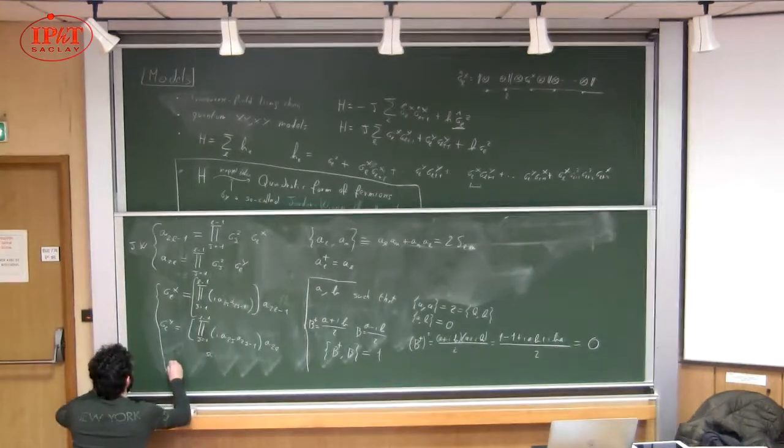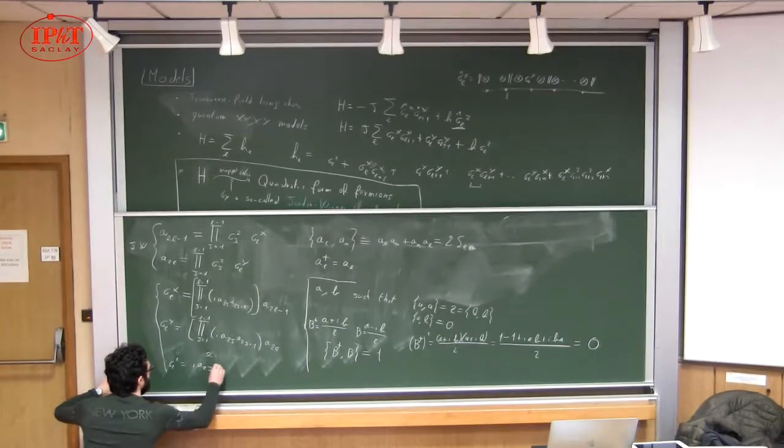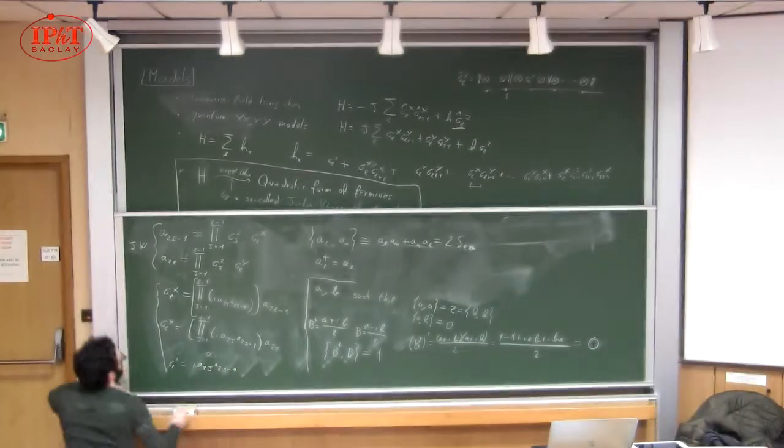Then you have sigma_l^z, which is i A_{2l-1} A_{2l}.